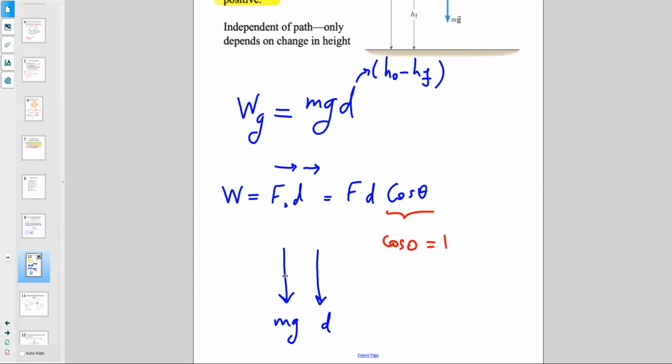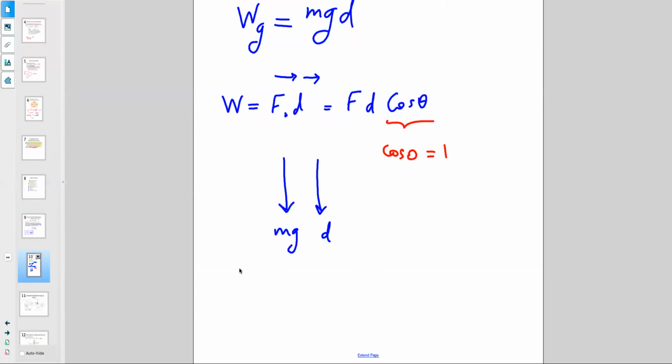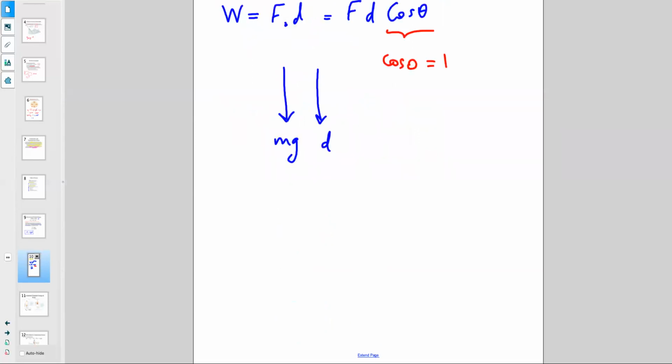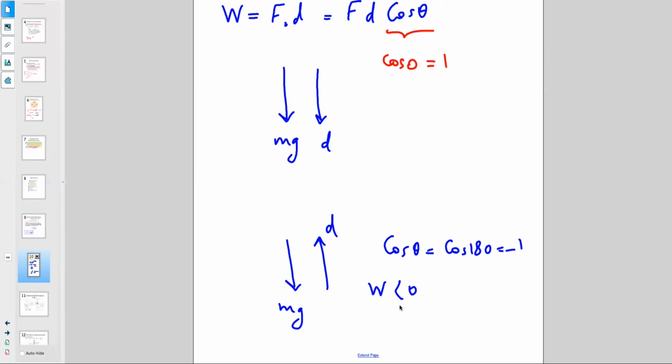But if you were going up, then your mg is down, but your displacement is up. And then that cosine of theta is the cosine of 180 degrees, which is -1. So in other words, you're doing a negative work.